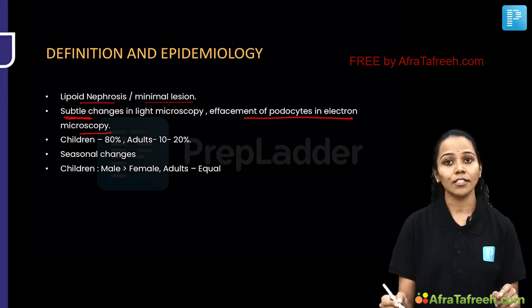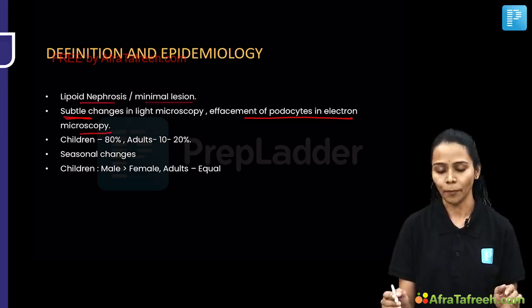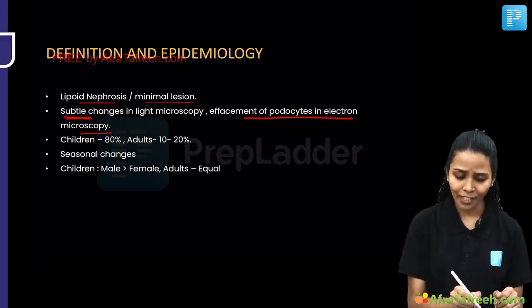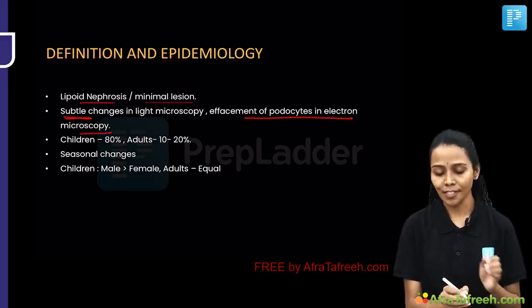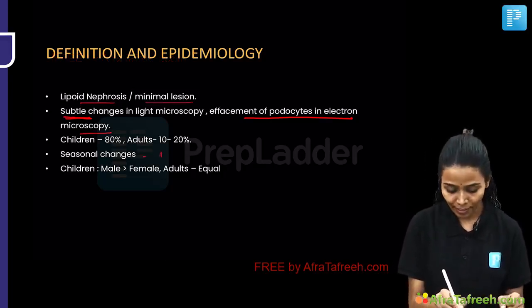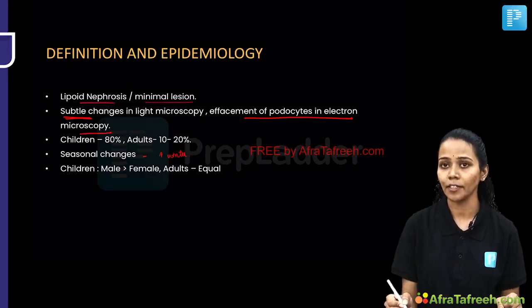In children, this is the most common cause of nephrotic syndrome, affecting 80% of children, and in adults with nephrotic syndrome, it is around 20%. Now, the important thing about the epidemiology of minimal change disease is that it shows seasonal changes, with increases in winter and not much difference in summer.